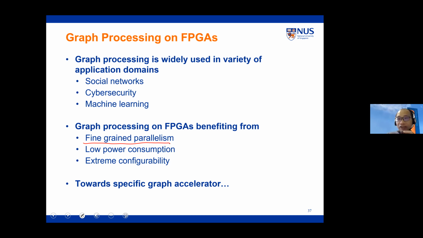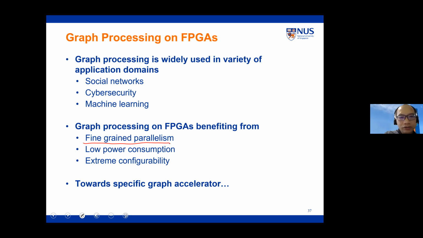On the other hand, an FPGA is a collection of hardware resources in terms of logic cells, memory cells, and interconnects. So it would be ideal if we can map this parallelism of graph processing to the hardware parallelism of FPGA. This is our initial hypothesis of this project.